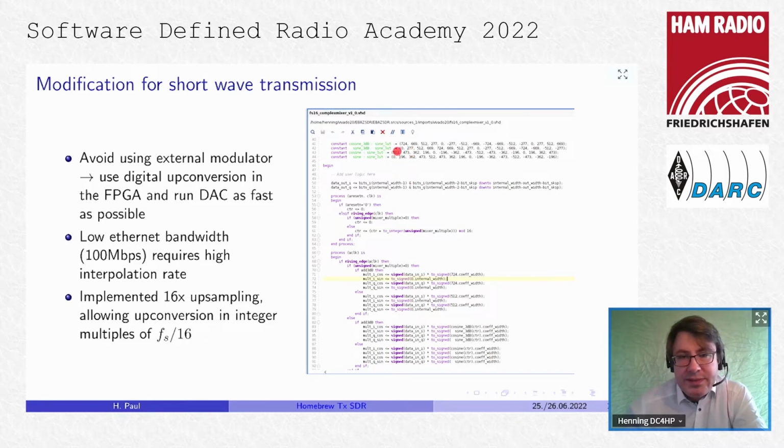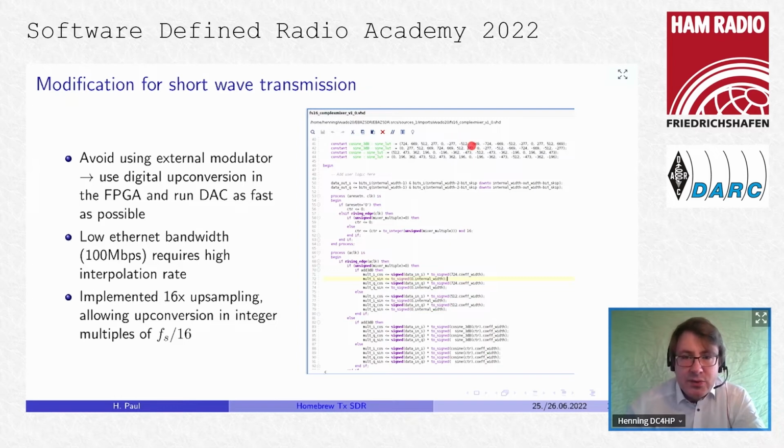If you increase the pointer by 2 for every new input sample, you get a 5 megahertz intermediate frequency. This is a very straightforward approach, but it works very well.